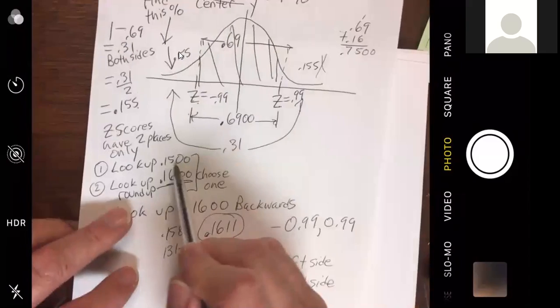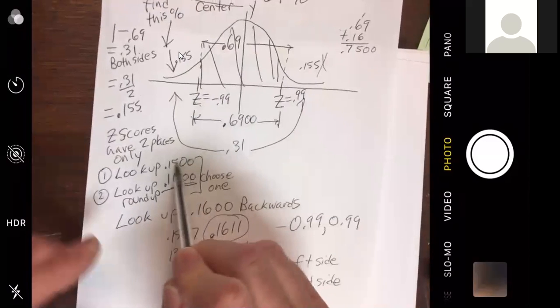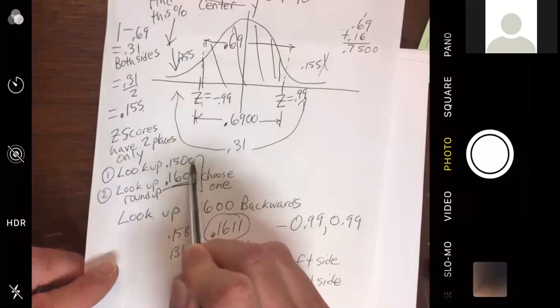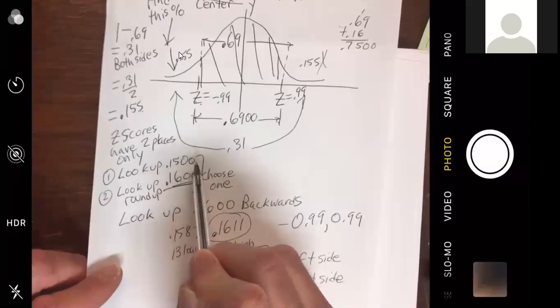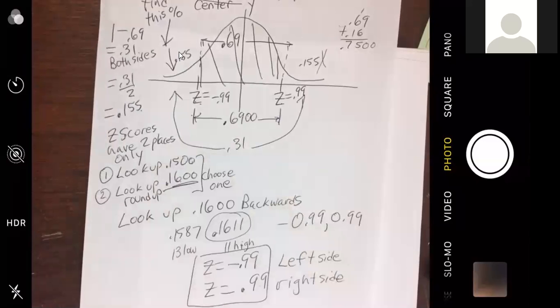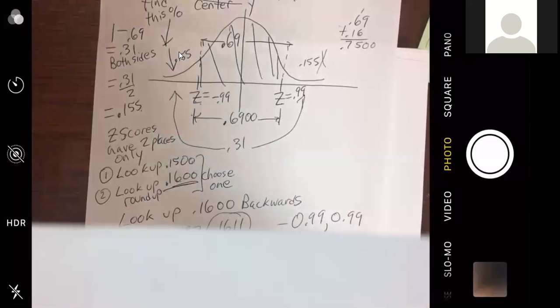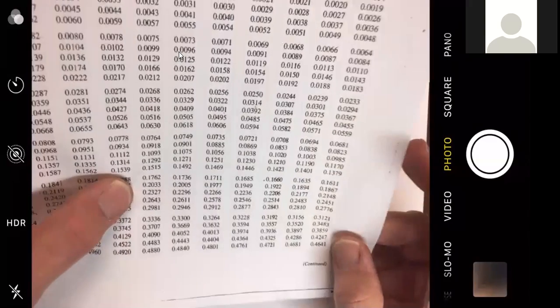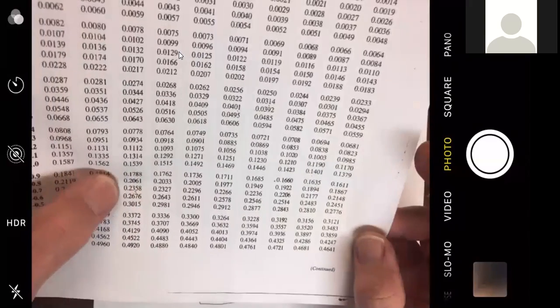Unless it used this, I'm just looking back trying to give you, in which case your Z's would be... let me give you the Z, see if we can find the Z's for 0.15.